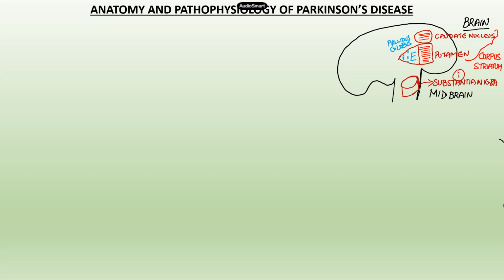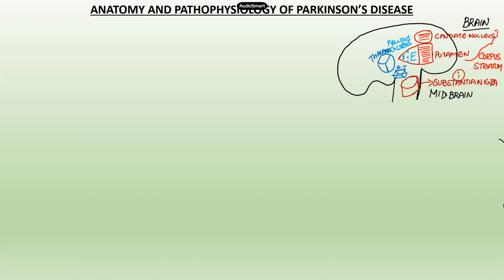Now, much interior to the globus pallidus, we have the major or prominent player of the basal ganglia, which is referred to as your thalamus. So this is your thalamus, right? And beneath your thalamus is a rectangular box-like structure, and we call it subthalamus because it is directly beneath the thalamus.